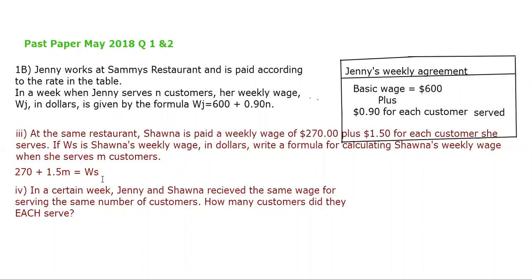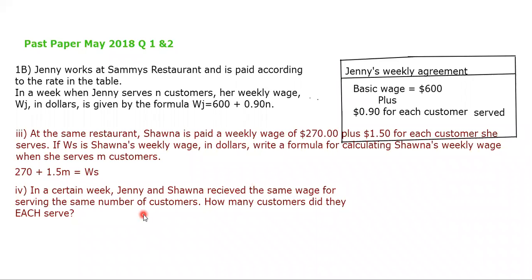Good. Now, the next question says, in a certain week, Jenny and Shauna received the same wage for serving the same number of customers. They served the same number of customers. Now, how many did they each serve? Now, let me get my spotlight.